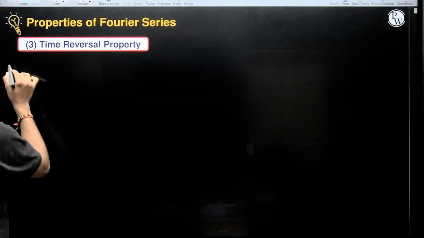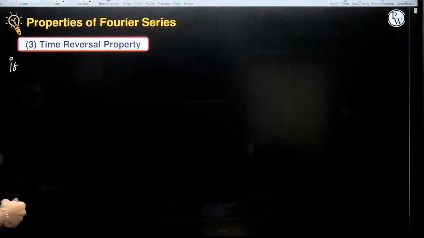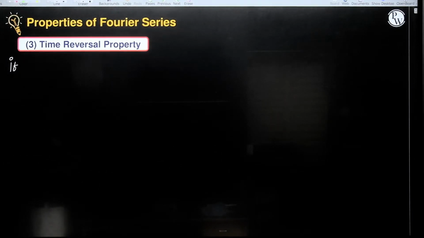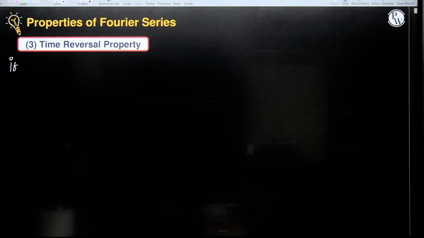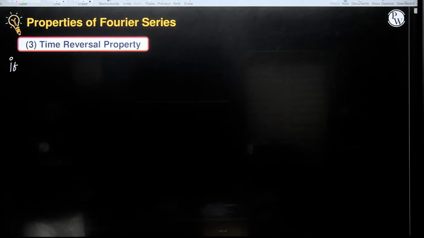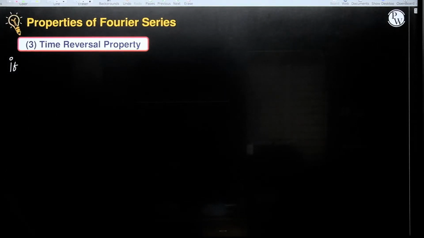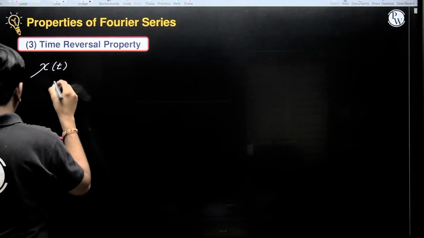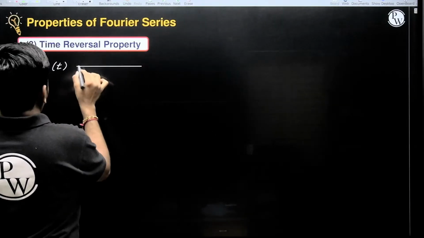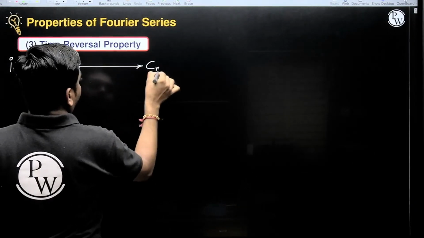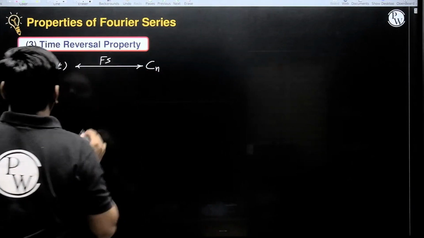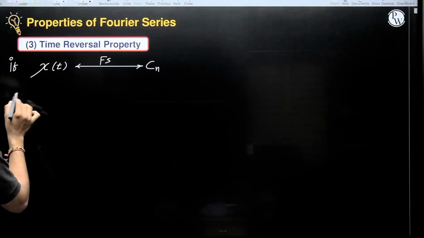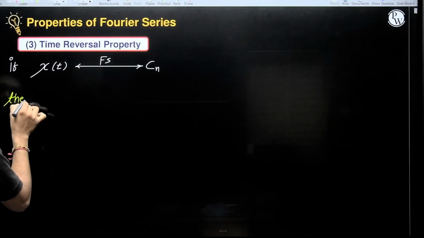The time reversal property says that if the Fourier series coefficient of x of t is Tn, then if you replace t with minus t, that is the time reversal operation, here n becomes minus n.